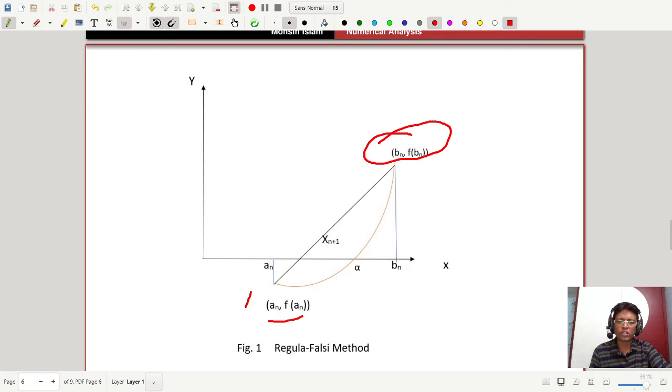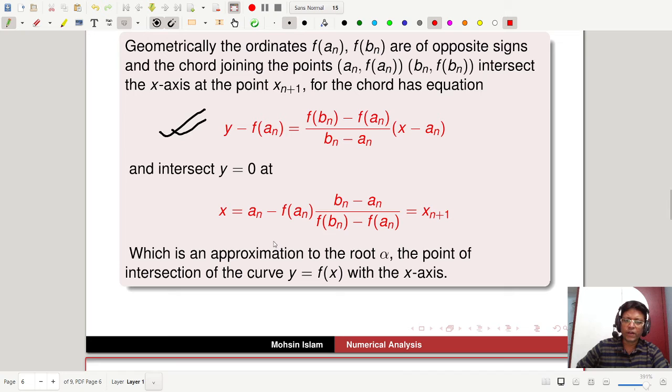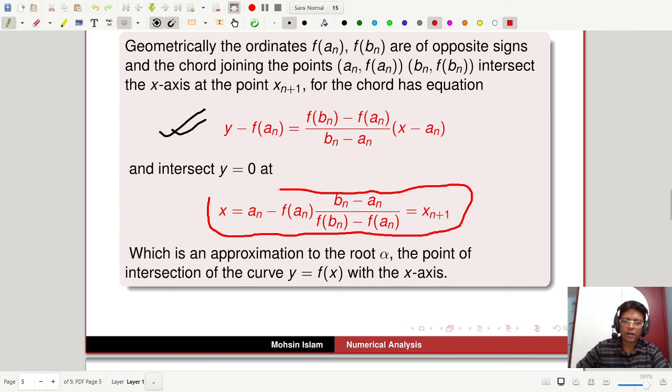The equation of the x-axis is y equal to 0, so if you replace y equal to 0, you will get x equal to this. This gives you x_{n+1}, which is the approximation to the root, the point of intersection of the curve y = f(x) with the x-axis. This is the important geometrical interpretation of the regula falsi method.